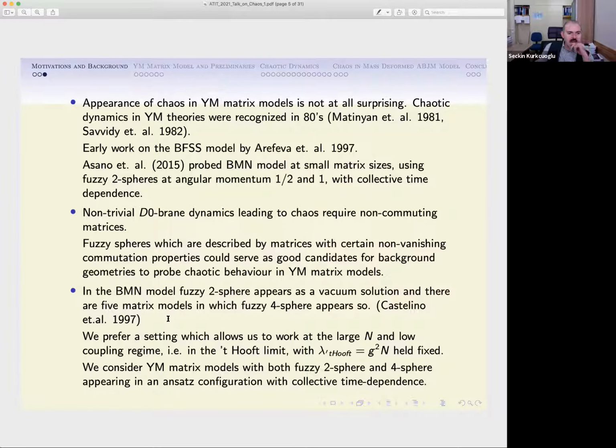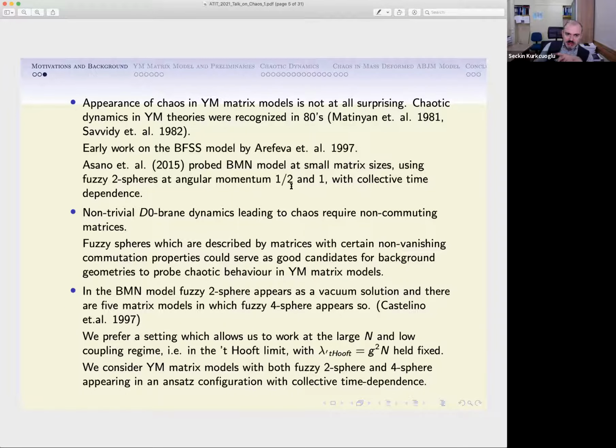What else here? I think this is the last slide on motivations and background. So this is something that I have probably just mentioned just a little bit. So chaos in Yang-Mills theories is not something new. This was known even in the 1980s that there's chaotic dynamics emerging from Yang-Mills theories. And people have tried to use this fact in order to prove confinement in the 1980s, but that didn't happen.